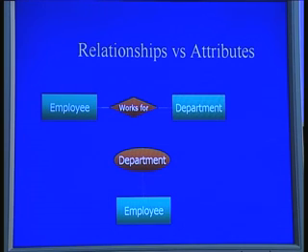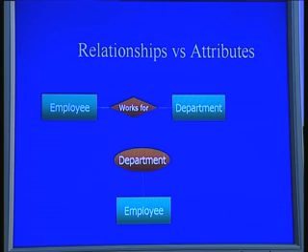Now next we come to a kind of tricky problem here. Have a look at this slide carefully. The first picture above shows the relationship type: employee works for department. The second picture below shows employee as an entity and the department in which the employee works as an attribute of employee.